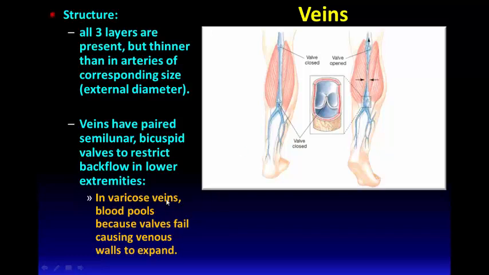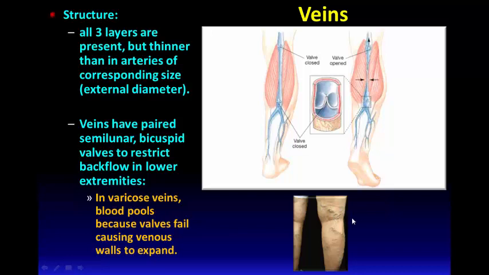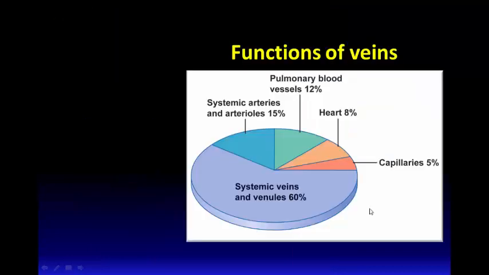In varicose veins, blood pools in the veins of the lower extremities because the valves fail, hence causing the walls of the veins to expand, as seen in this picture of varicose veins.